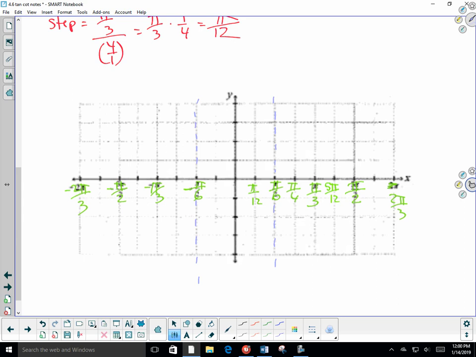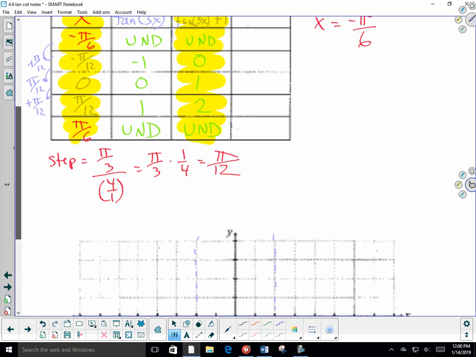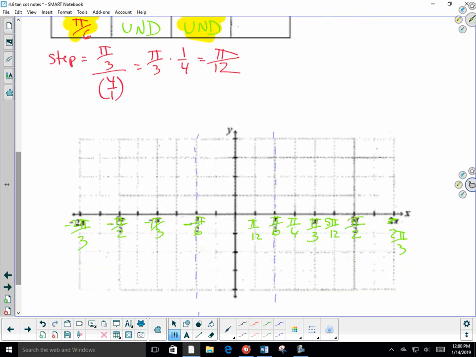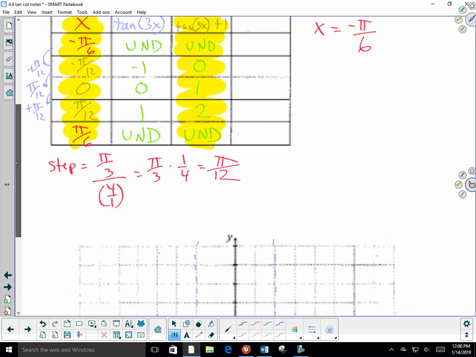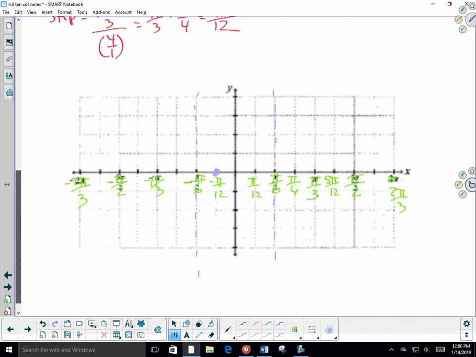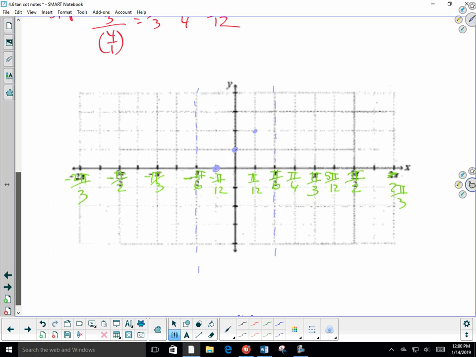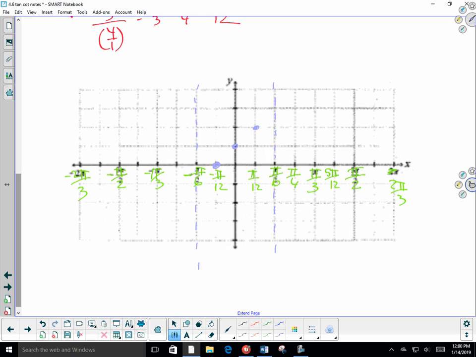And I can see that at negative pi over 12, which is right here, I should have a height of 0. And then at 0, I should have a height of 1. And then at pi over 12, I should be at a height of 2. That's all you really need to plot.